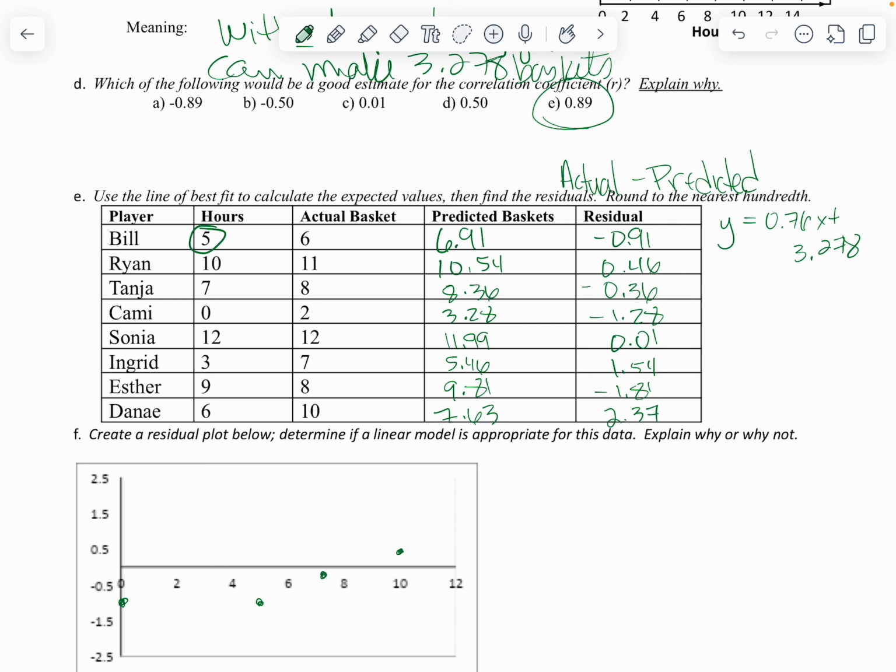And 12 is going to be, oh, so close. And 3 is going to be 1.54. 9 is negative 1.81 and 6 is 2.37, here. Okay.